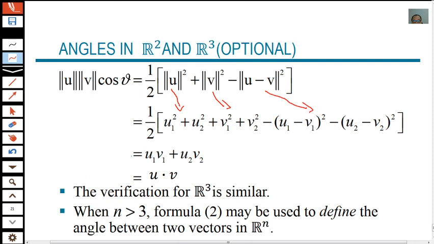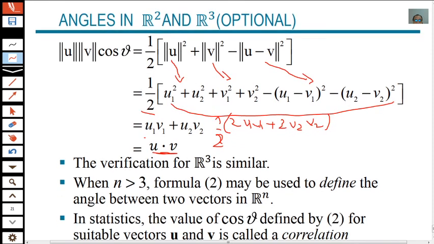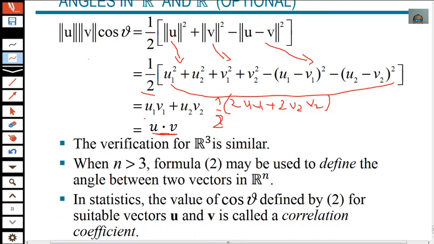After calculating this term, we obtain 2 times U1 V1 plus 2 times U2 V2, and at the beginning we have 1 over 2, and by simplifying and removing the 2's, we obtain U1 V1 plus U2 V2, which means that we have the dot product of vectors U and V. The verification for R cube is similar. You can use a similar proof.